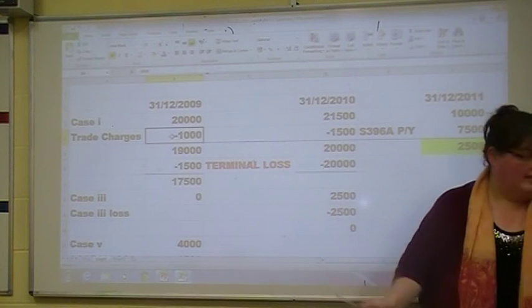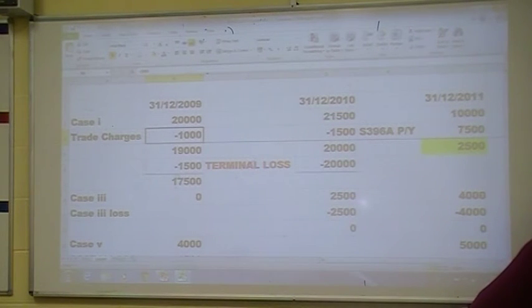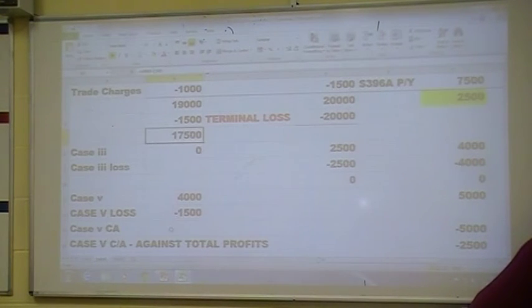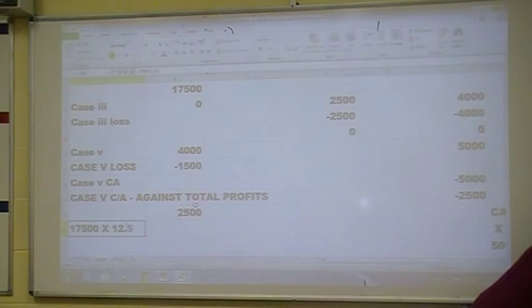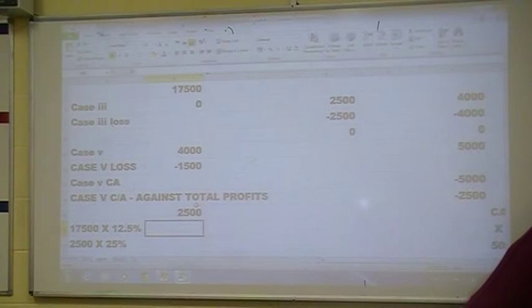So inside 9 now we have 17,500 case 1, and we have 2,500 case 5. So it'll be 17,500 by 12.5% and 2,500 by 25%.